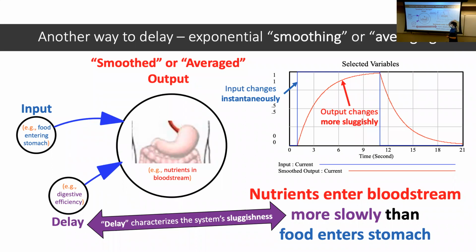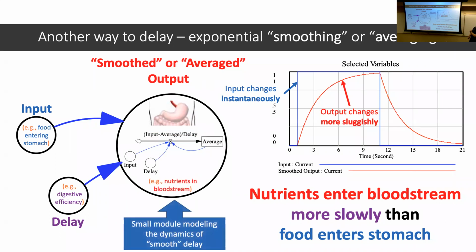So in the nutrients in the bloodstream, some of those nutrients get in the bloodstream immediately, but some of them take a while. So we can say on average, how long does it take for nutrients to get into the bloodstream? And that average delay is what we're going to call the delay here for smoothing delay. It's the average delay for the whole process. So that's this delay that we have to characterize here.